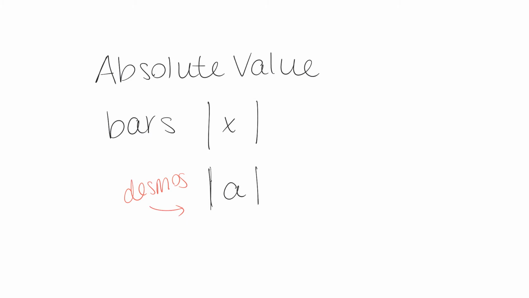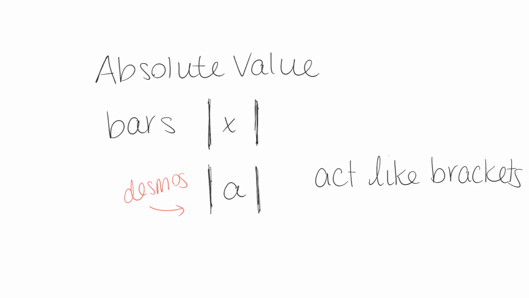So they're extra long bars. They're not to be confused with the number 1 because they're nice and long. They act like brackets. So they act like brackets in terms of order of operations.